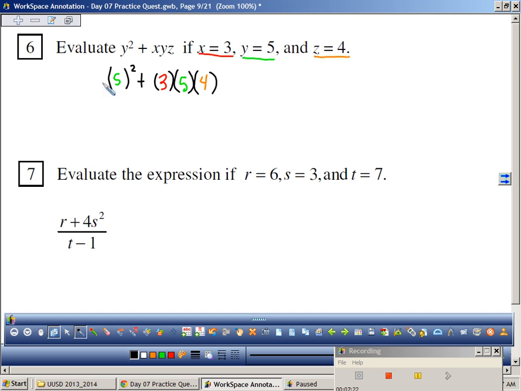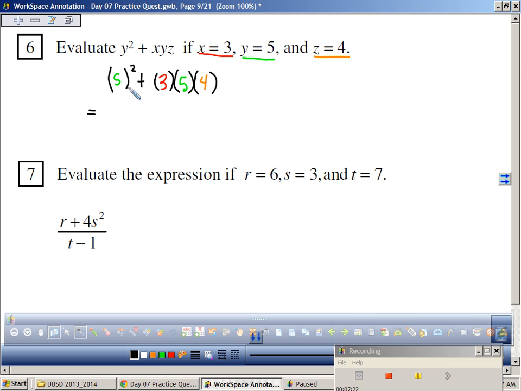What's my first step? I would go with exponents first. So 5 times 5 is 25 plus 3 times 5 times 4. Now, I can write that however I want to, correct?